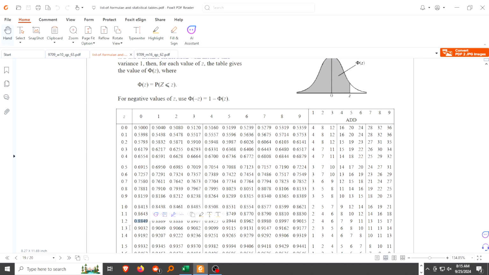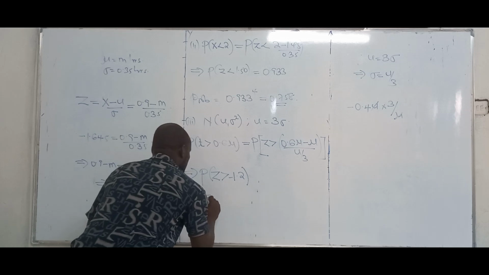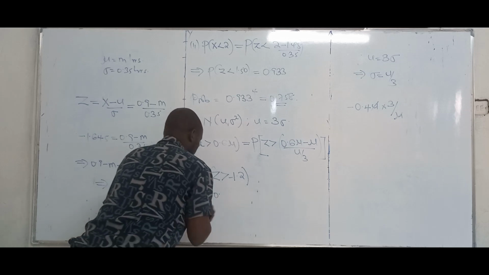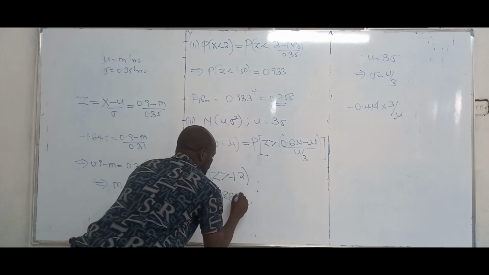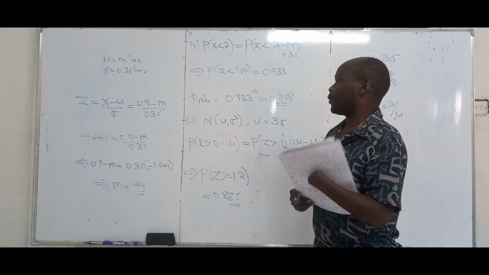So 0.8849 is the value that we pick and proceed with our question. And we see that it is 0.885. That's the answer. So that wraps up our question.